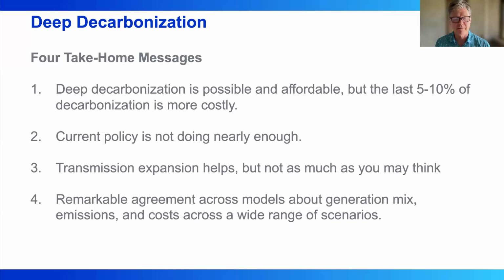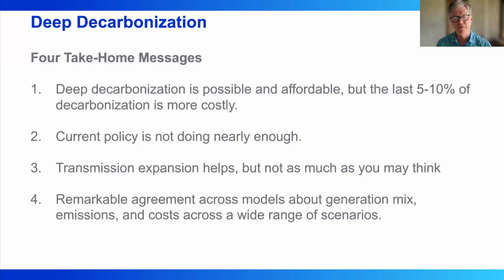Current policy, however, is not nearly doing enough to decarbonize at the rates that we'd like to see. And then I'm going to talk a bit about the transmission results. We have a series of transmission scenarios that look at how much transmission can help. And massive expansion of interregional transmission really helps, but it may not help as much as you think, because batteries, it turns out, and other changes in the mix of generation can substitute for that.